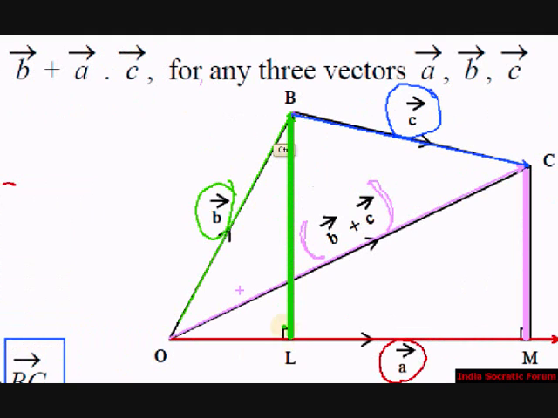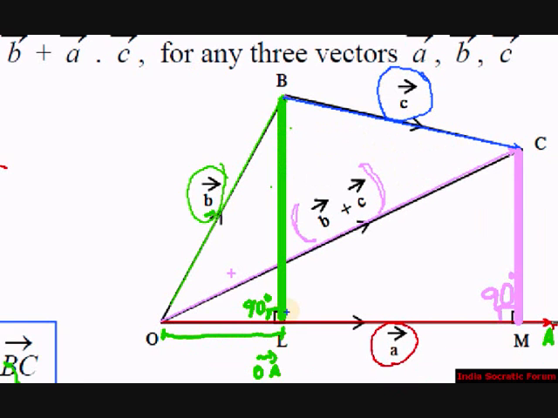BL being a perpendicular means it is a projection of this B vector onto the A vector. So what is a projection? We remember from the last problem, projection is the perpendicular down from the vertex. LM is the projection of C vector.